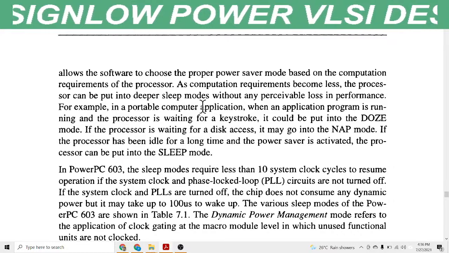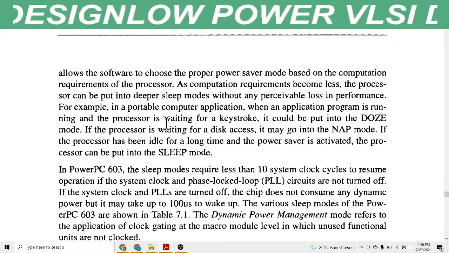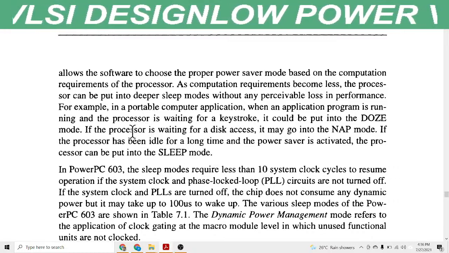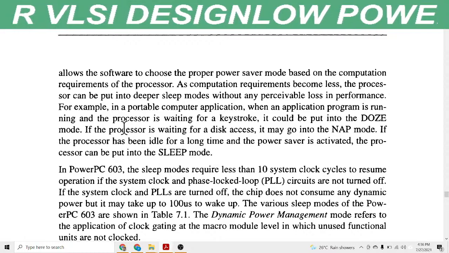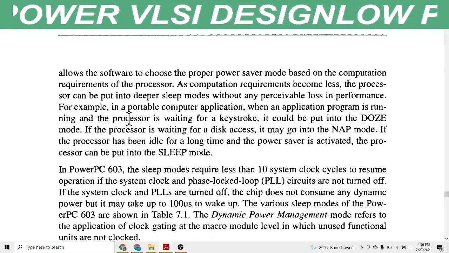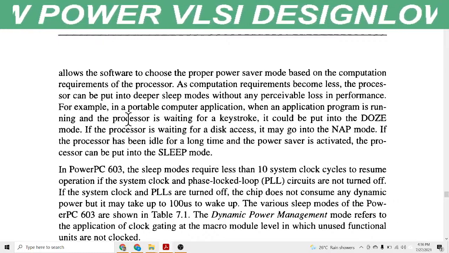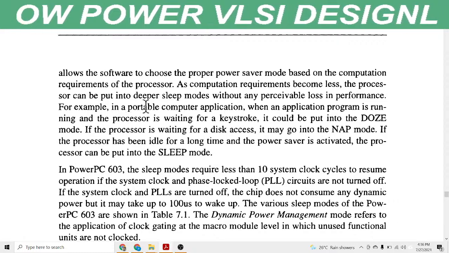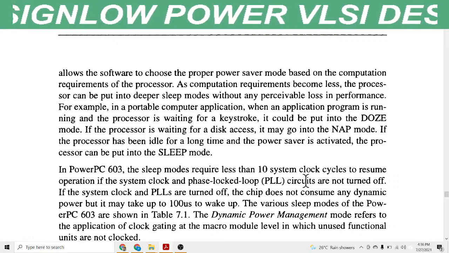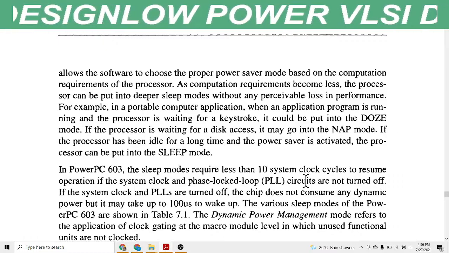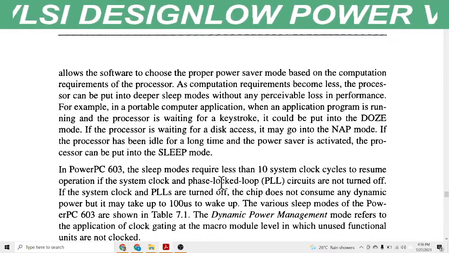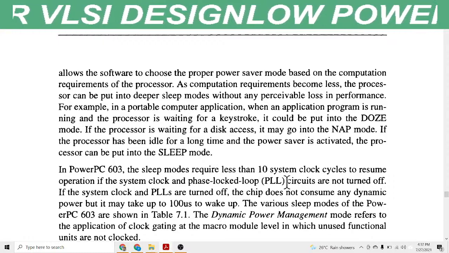In this Power PC603 processor, the sleep mode requires less than 10 system clocks to resume the operation, when the system clock and PLL are not in the off condition. Why is this PLL circuit required? The PLL circuit is required for matching the phase of the input. It is mounted inside the circuitry for clock synchronization.